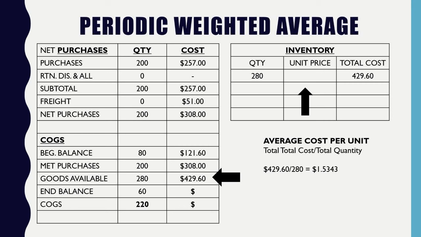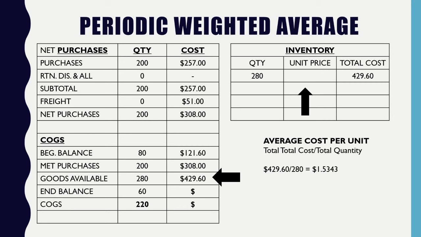And then now we need to solve for the average cost per item. So I'm going to take my total cost of $429.60 and divide it amongst 280 toys. Now in this case, it's going to give me an unrounded answer. It gave me $1.5343. Okay?